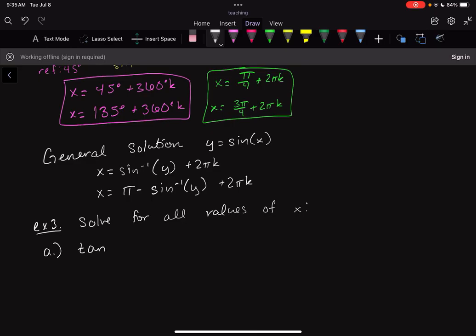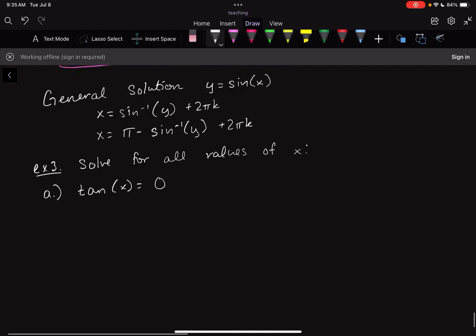And we'll do tangent x equals 0. And then b, we'll do tangent x equals 1 over square root of 3. Let's make it negative.